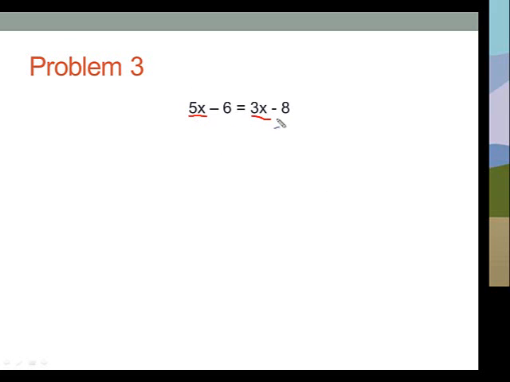This problem is different because you can either move the 6 to the 3x side, or move the 3x over here, or you can move the 8 over here and the 5x over here.